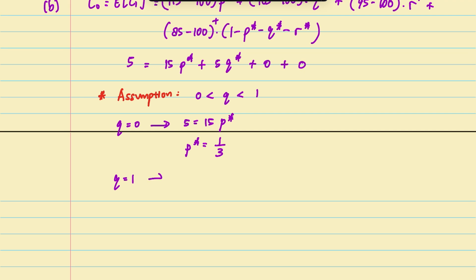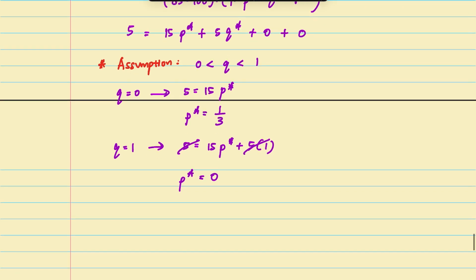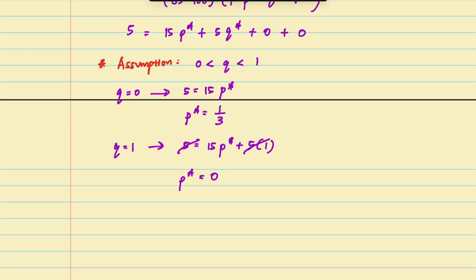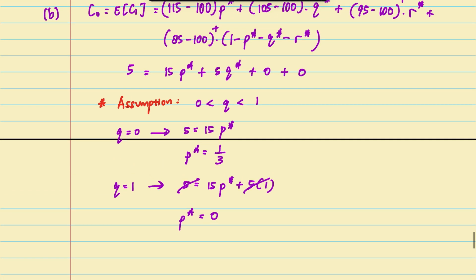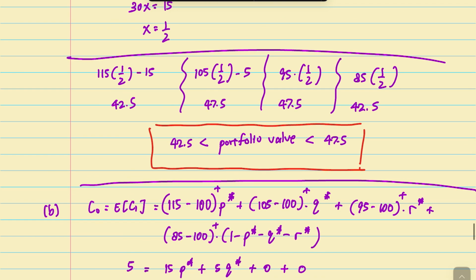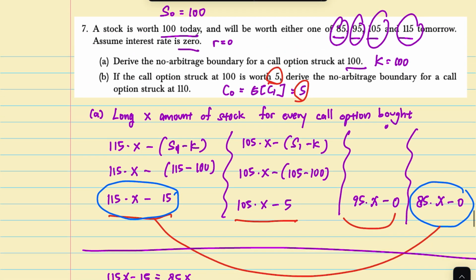When Q equals 1, 5 equals 15 P star plus 5 times 1, so P star equals 0. Using this assumption, we can determine that the risk neutral probability P star ranges from 0 to 1/3.